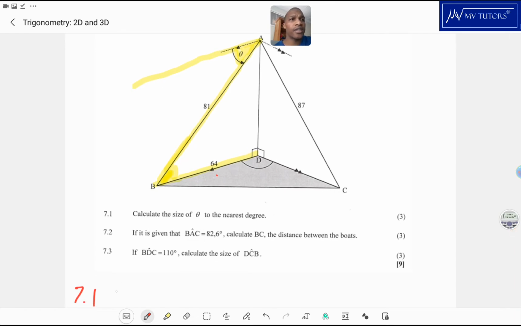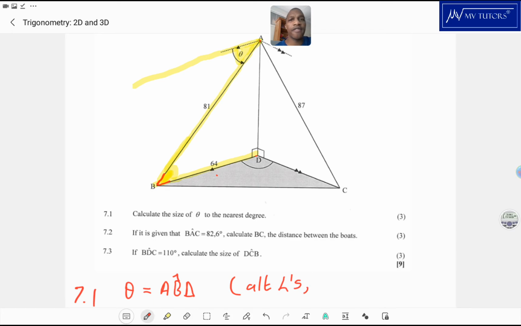So let's say theta is equal to the angle A, B, D. Okay, angle ABD. So that angle there. And the reason is because of alternating angles.